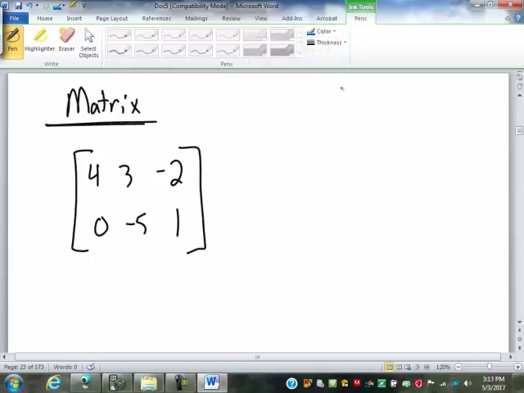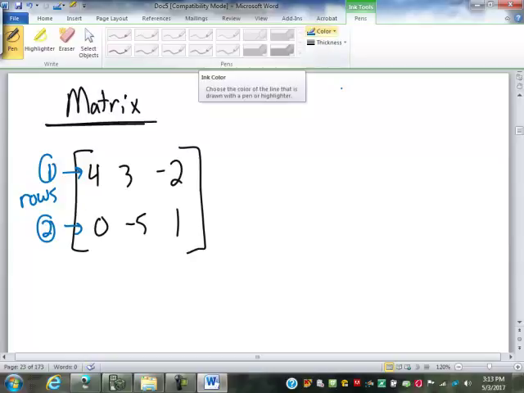The position of the number in the matrix has a meaning. At this point, we don't know what the meaning of these numbers is, but it's just a generic matrix. But we can define some of the characteristics of the matrix. First of all, the matrix has rows. This would be row 1. This would be row 2. So this matrix has 2 rows.